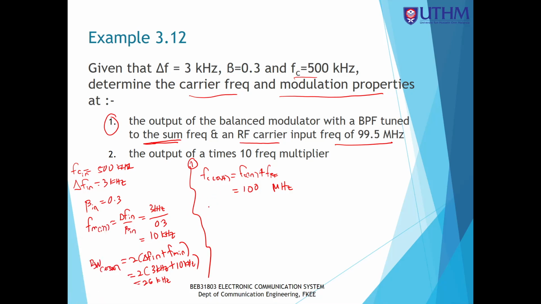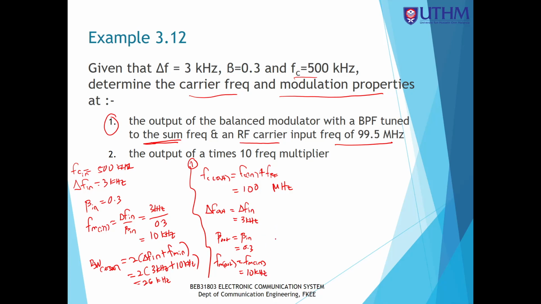What about delta F out? Delta F out is equal to delta F in, which is 3 kilohertz. Beta out is equal to beta in, which is 0.3. Fm out is equal to Fm in, which is 10 kilohertz.